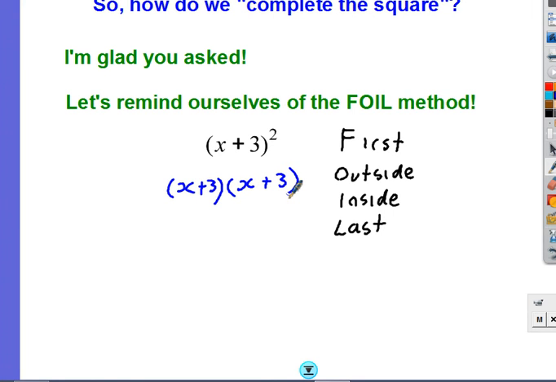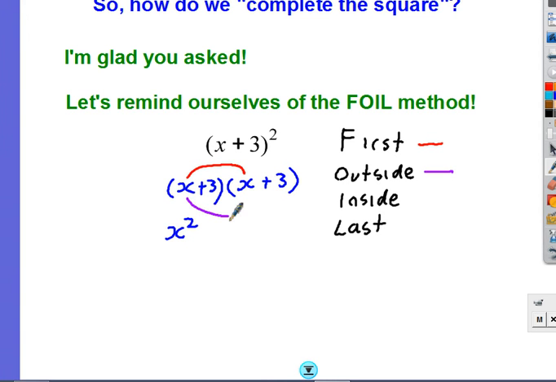So let's choose some colors. Let's choose red for the first. To get rid of the grouping symbols, we have to multiply first by first. So that's here, x times x, and that's going to give us x squared. Choose this purple color for the outside.